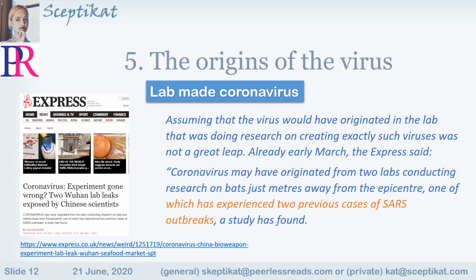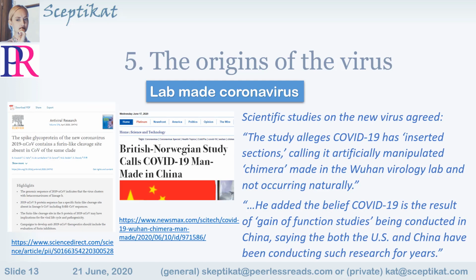Assuming that the virus would have originated in the lab that was doing research on creating exactly such viruses was not a great leap. Already in early March, the Express said, "Coronavirus may have originated from two labs conducting research on bats just meters away from the epicenter, one of which has experienced two previous cases of SARS outbreaks, a study has found."